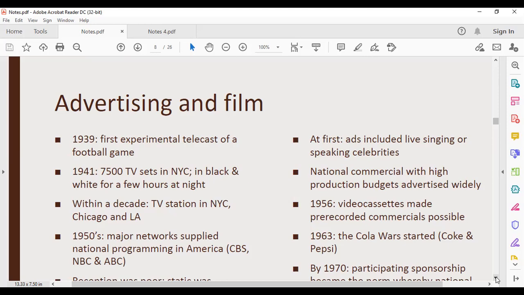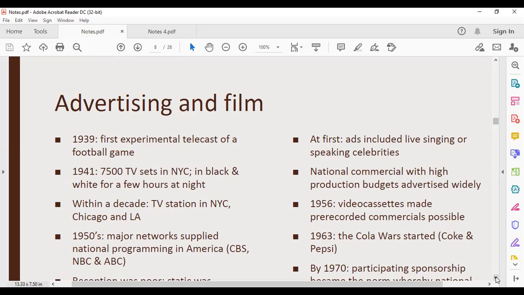It's funny considering now everybody has a TV. So within a decade after 1939, we had television stations in New York City, in Chicago, and in Los Angeles.